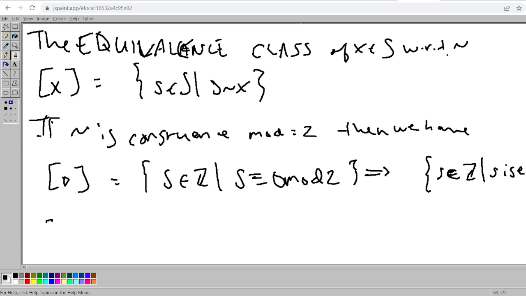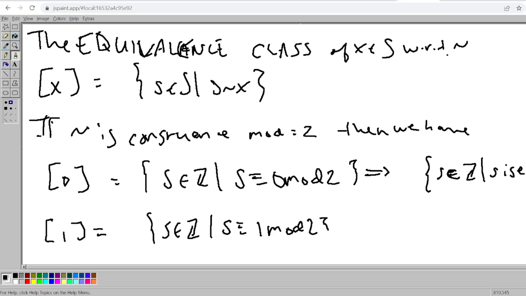And then we have [1], which is s in Z such that s is congruent to 1 mod 2, which is s in Z, s is odd.